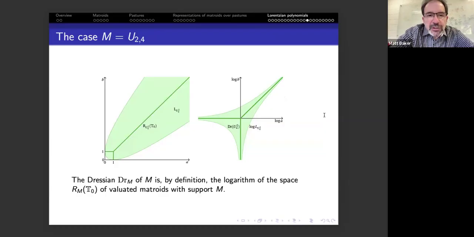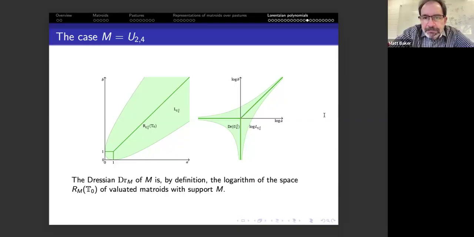Okay, so the rest of the talk is motivated by this picture. The left is exponential coordinates. The right is more beautiful after we take logarithms of everything. So this is for U24, which is sort of the most important non-trivial case to understand. On the right-hand side, the green is the space of Lorentzian polynomials, where you take pointwise logarithms of the coefficients.